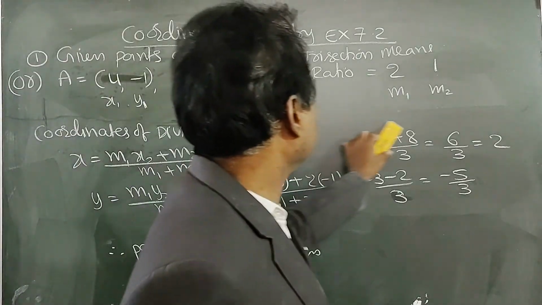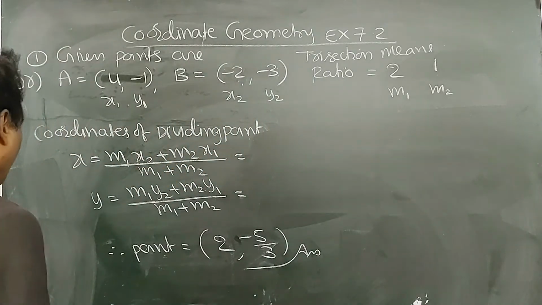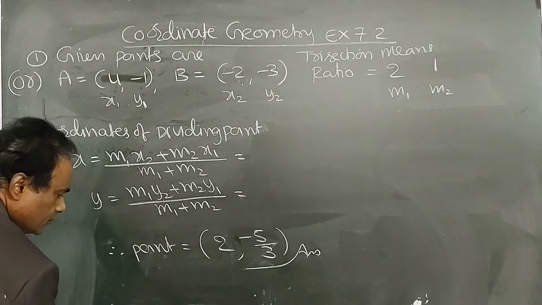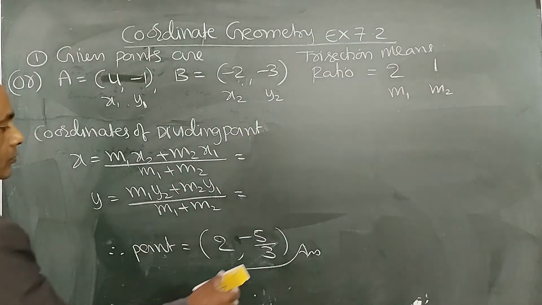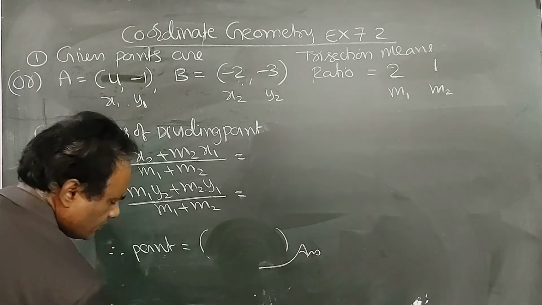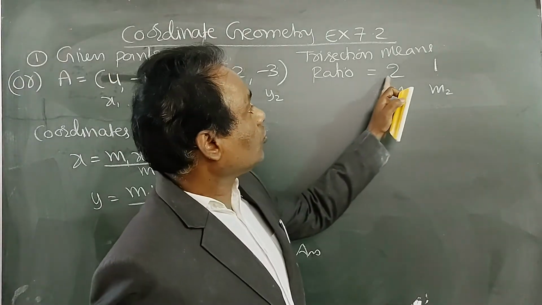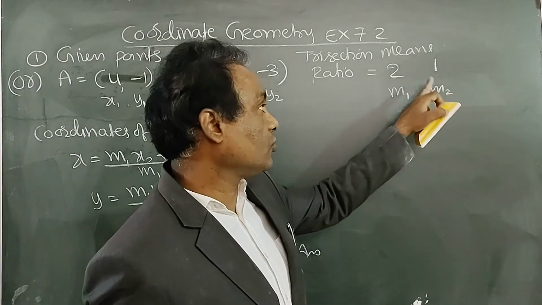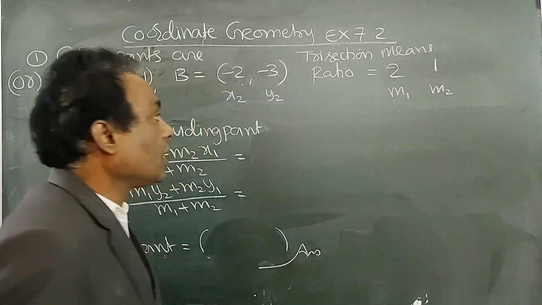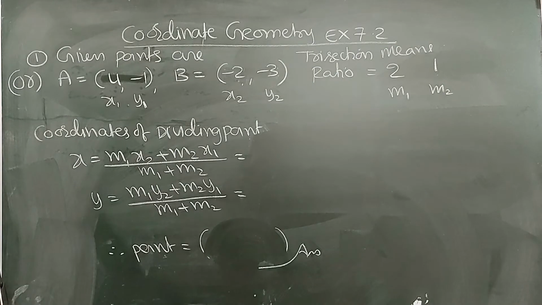Same formula. Trisection means 1:2 and 2:1. 1:2 we already took and we got the answer. Now taking 2:1. Same problem, two answers.